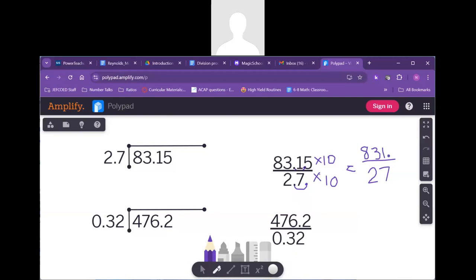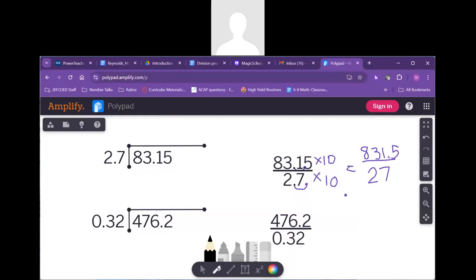So I multiplied both the dividend and the divisor, or if you're thinking of it looking like a fraction, I multiplied the numerator and the denominator both by 10, which gives me an equivalent, which means same amount, right? The same amount division fact.